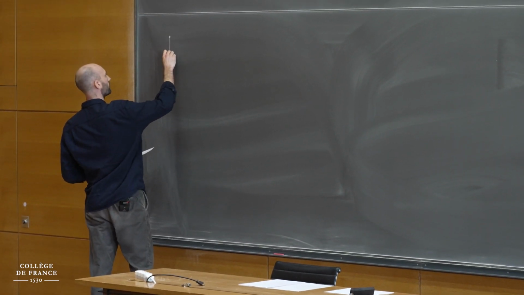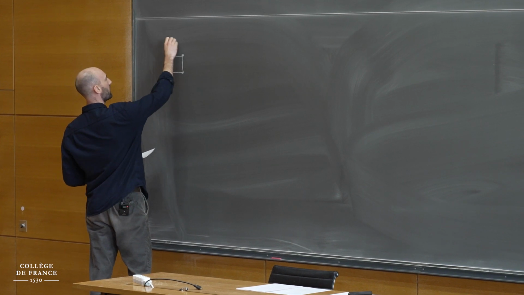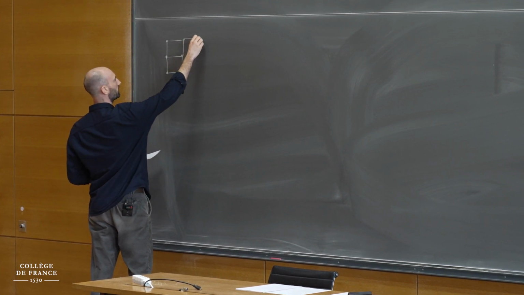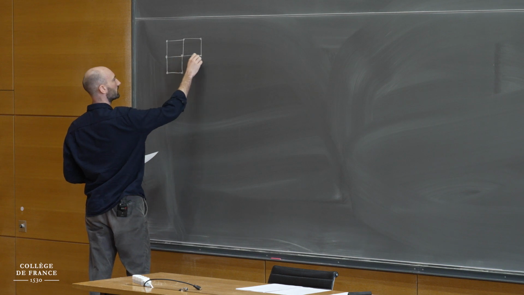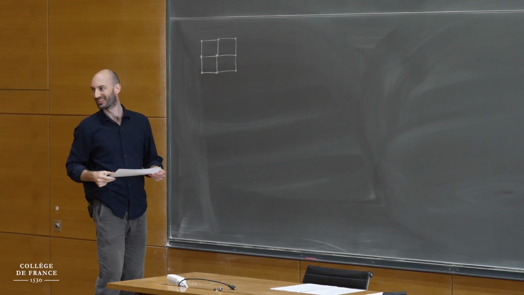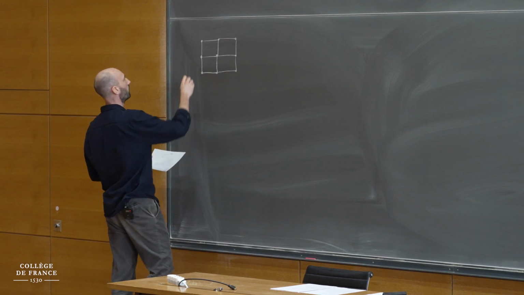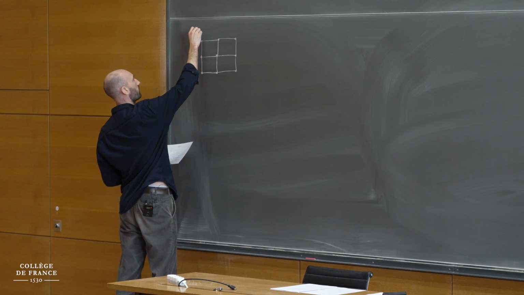Okay? So what we did last time was the following. We had a finite graph which resembled a large portion of the plane. You can have a different opinion about what's large, but this is pretty large, I think. And we take a Poisson process.